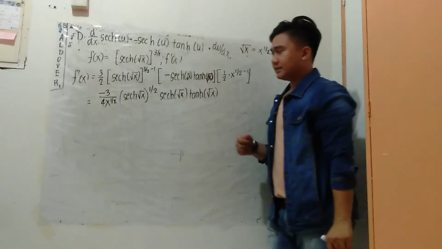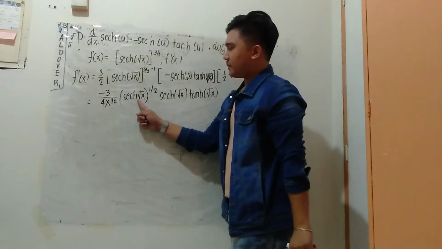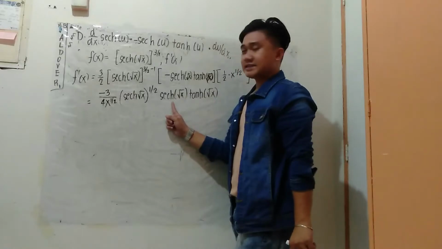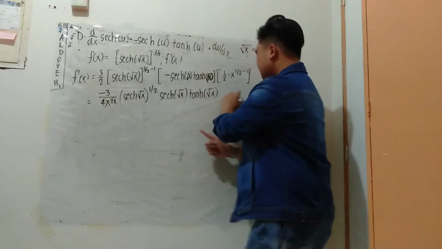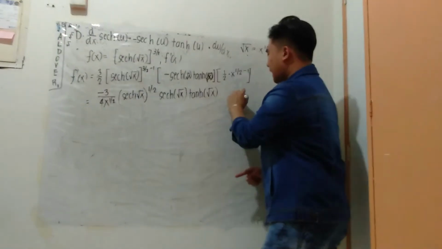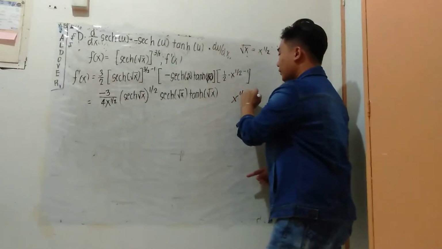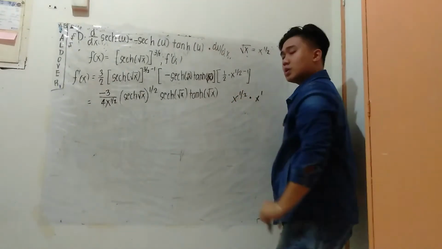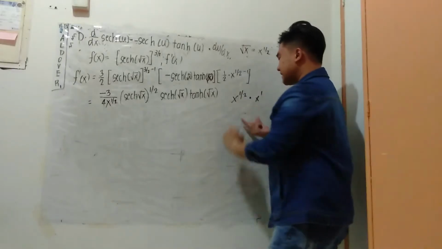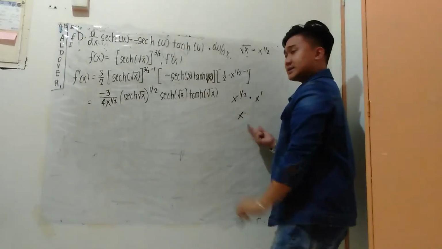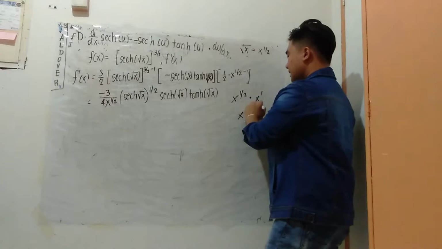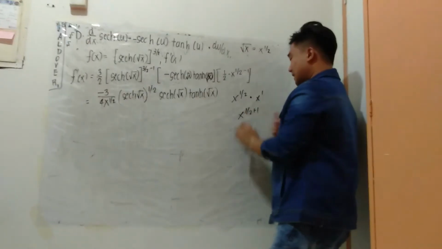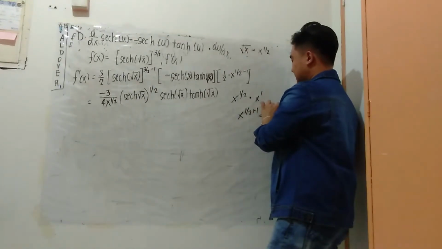Okay? Tingnan nyo to guys. Hyperbolic secant tsaka hyperbolic secant. Kumbaga, same base sila. Kumbaga, meron tayong x raised to 1/2 times x raised to 1. Kapag nga same base, kinakopy lang natin yung base at ina-add lang yung exponent. So, 1/2 plus 1, that is 3 halves.